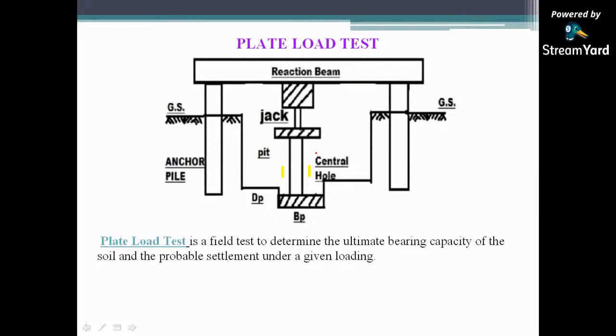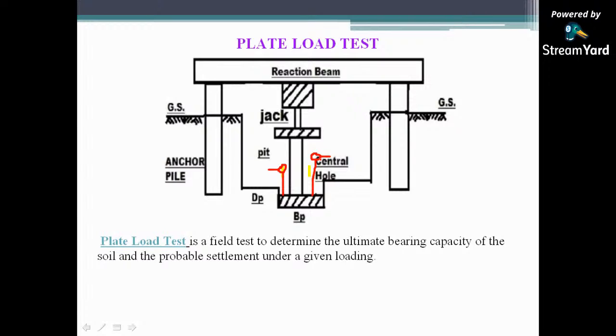So this will be your one dial gauge here, and another dial gauge will be here. And this is monitored. The hole is much bigger, so one man can go inside. A manhole is made, and from that manhole, these dial gauges are measured.